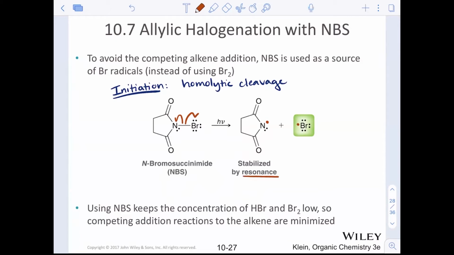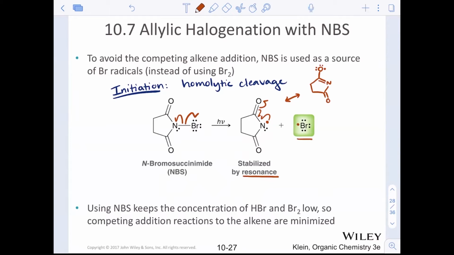Why? There's resonance there. If we want to imagine what that resonance looks like, one of the pi bonds from the carbonyl can do resonance with that nitrogen radical. We're showing this resonance just for our own purposes, to see how stable that nitrogen is.